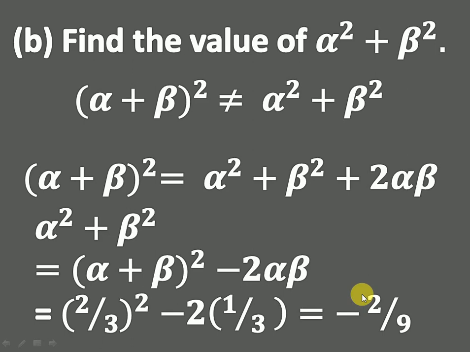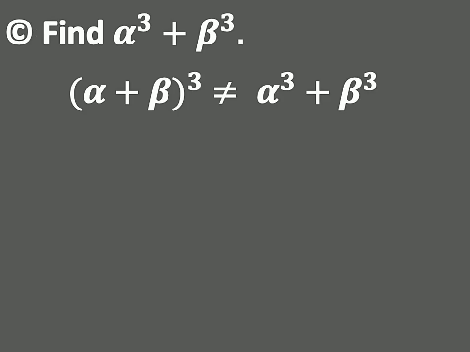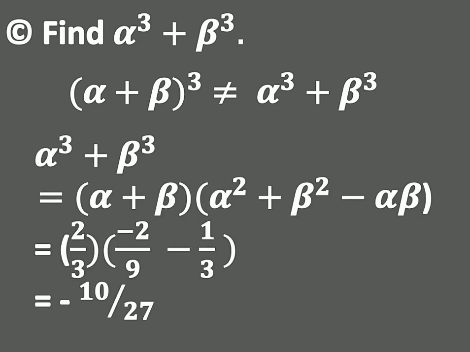Now, let's go on to the last part of this question. That is, to find the value of alpha cube plus beta cube. Students often misunderstand alpha plus beta all cubed as alpha cube plus beta cube. However, this is also wrong. Instead, alpha cube plus beta cube is alpha plus beta multiplied by alpha square plus beta square minus alpha beta.